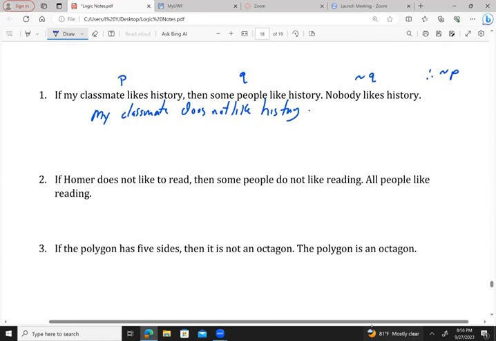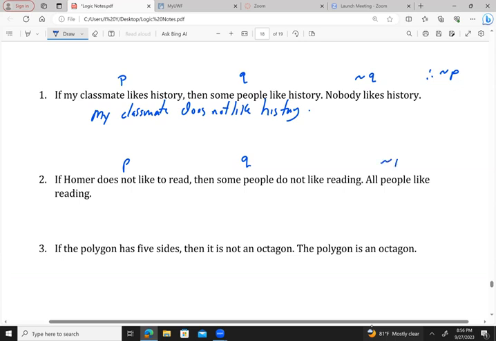All right, let's look at another one here. If Homer does not like to read, then some people do not like reading. All people like reading. P, Q. Now remember, the negation of some is all.